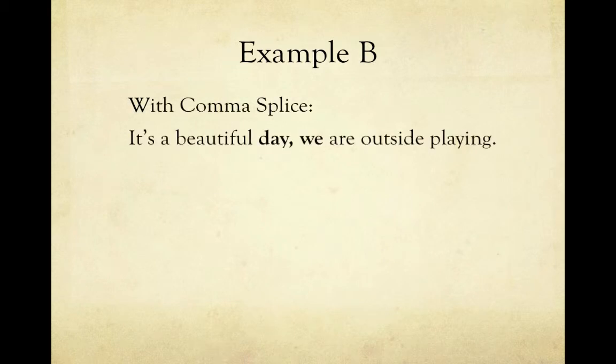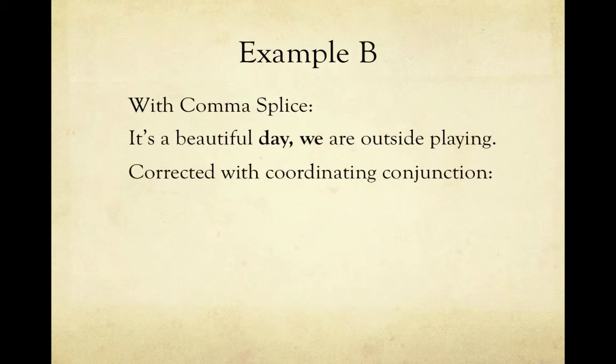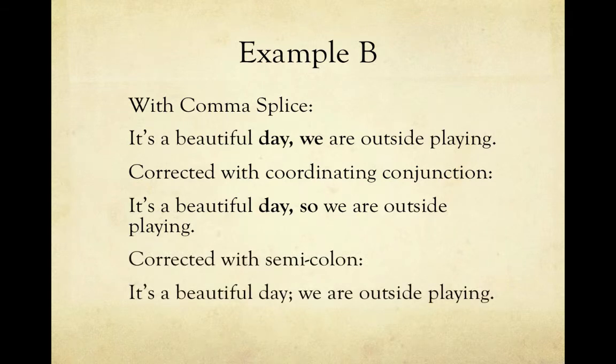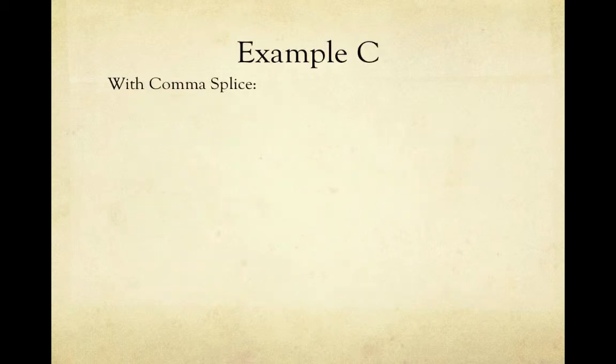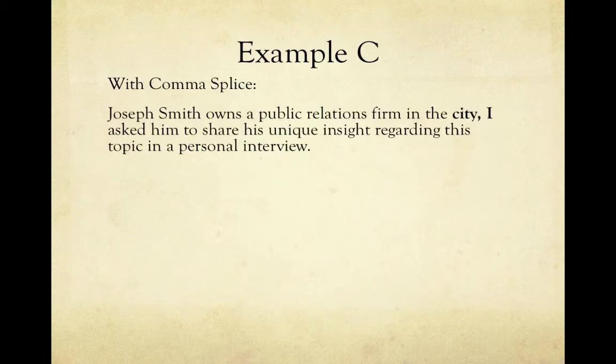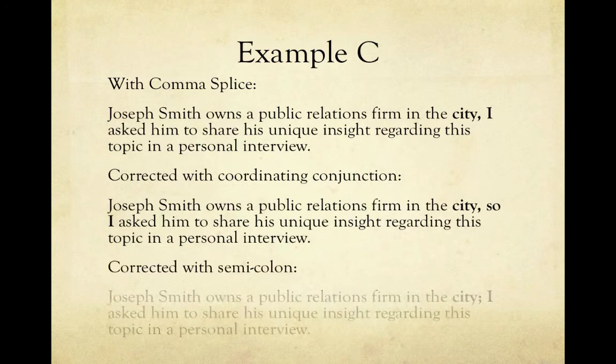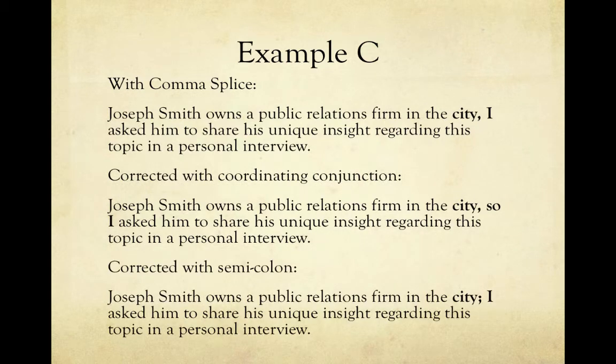Another example, with the comma splice, correct it with a coordinating conjunction. It's a beautiful day, so we are outside playing. Correct it with a semicolon. It's a beautiful day; we are outside playing. Another example, with the comma splice, corrected with a coordinating conjunction, corrected with a semicolon. Just replace the comma with a semicolon.